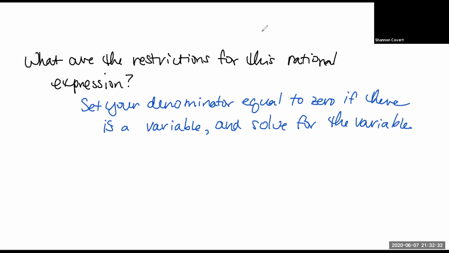They're having you practice in this particular section on finding restrictions, but as we go through this chapter, it really and truly should be something that you do every single problem. Anytime you have a rational expression or a rational equation as we get further into the chapter, that should be your first step, figuring out what would be the restrictions for this particular rational.